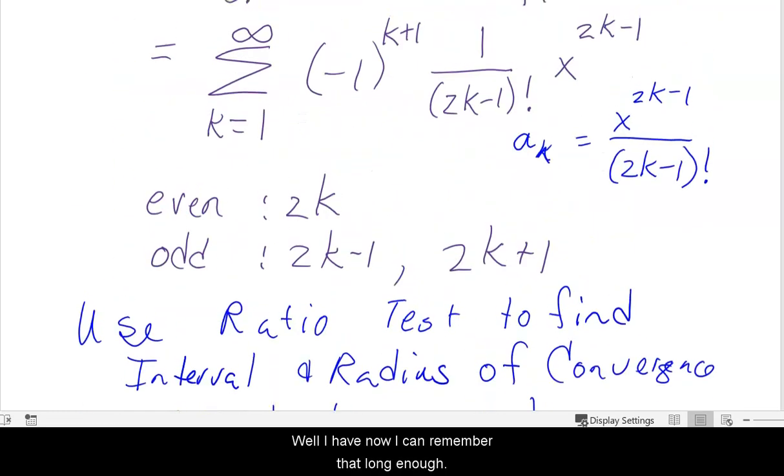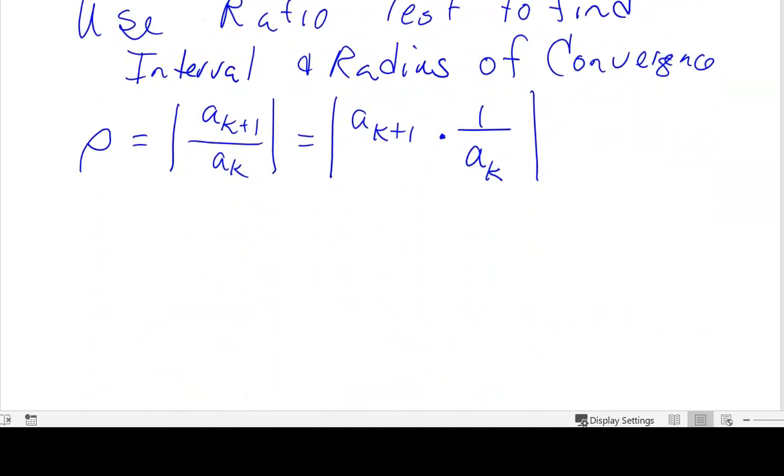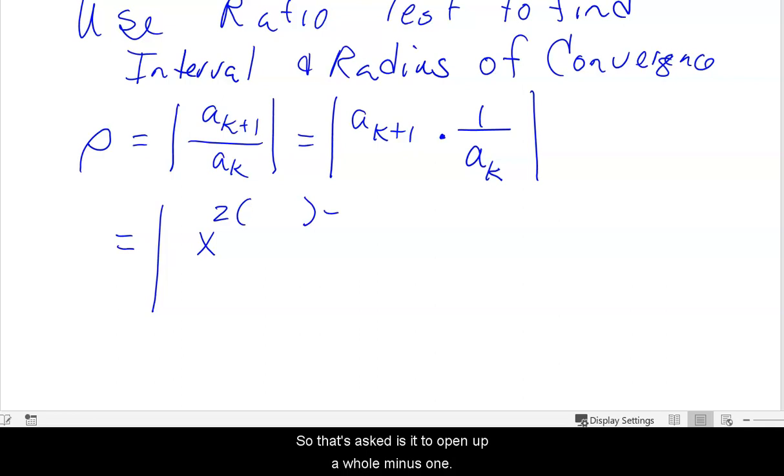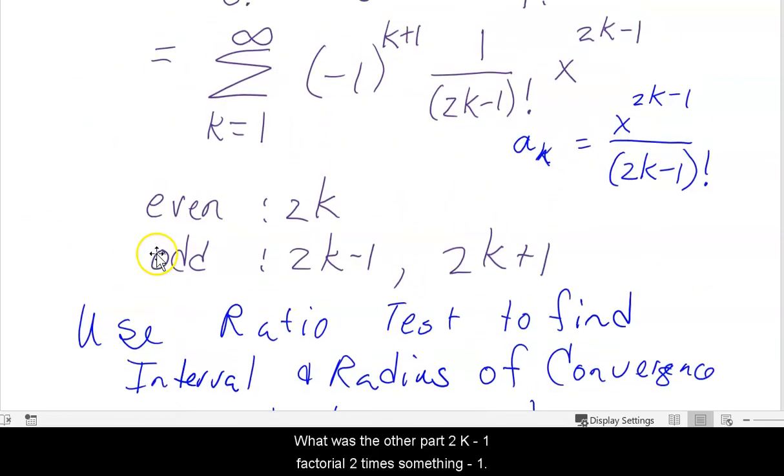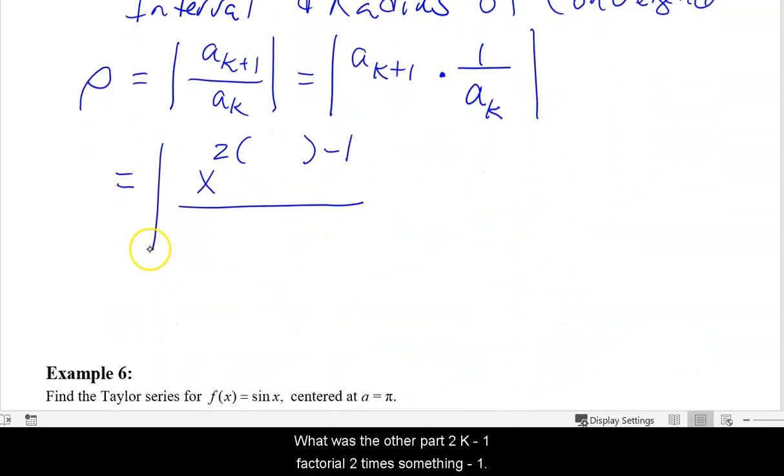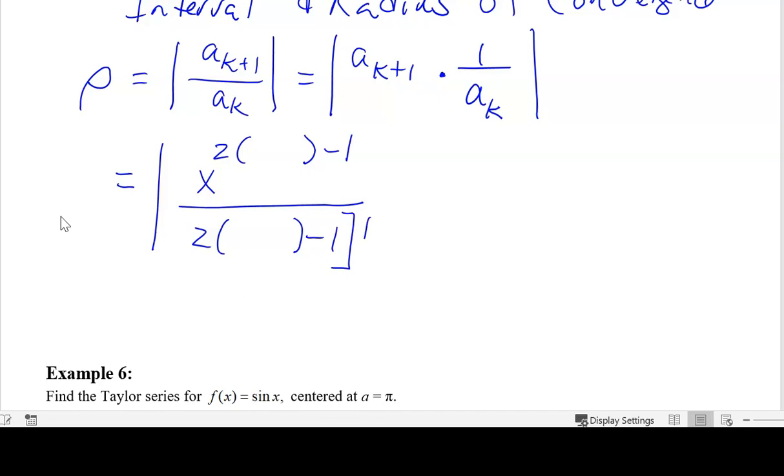So I have now, if I can remember that long enough, x to the 2k minus 1. So that's x to the 2, open up a hole, minus 1 over, and what was the other part? 2k minus 1 factorial. 2 times something minus 1, that whole thing factorial.